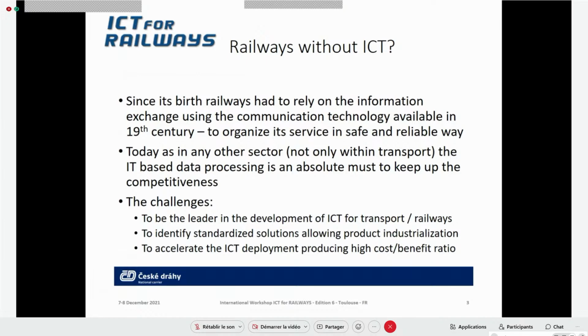If you wished to travel as a person or carry goods, rail was the only choice you had. Today's situation, and you know it very well, is dramatically different. We have lost our competitiveness.